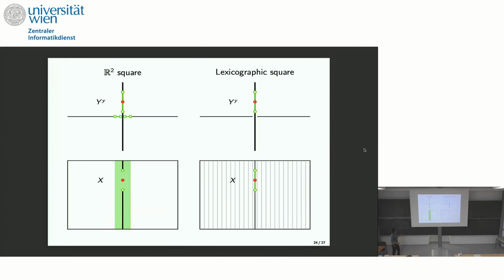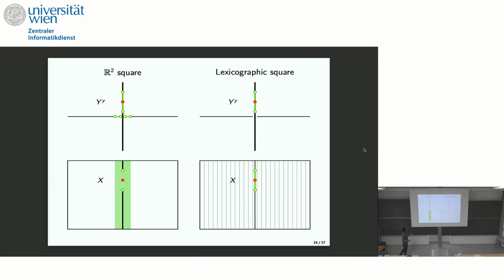Here is an example. You have here the usual square with the usual topology. Here you have the lexicographic square, and here you have this quotient space Y for some point y in Y. Here we can see that this topology is not Hausdorff. We cannot separate points that are on the non-trivial fiber.